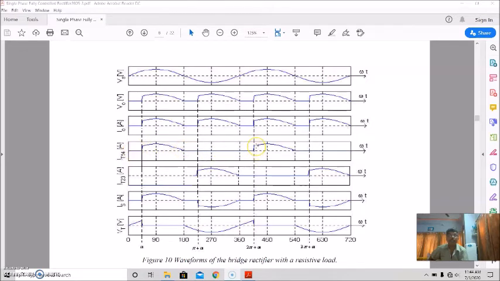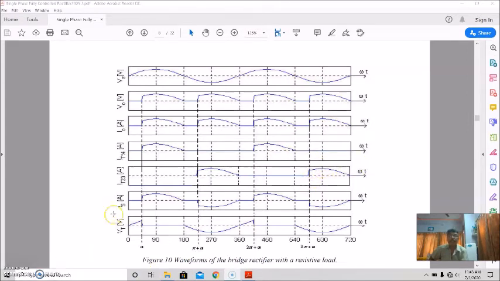This is for the second positive half, the conduction through thyristor 4. Then this is for the first negative half, the current through thyristor 2, and then the second negative half, the current through thyristor 3.